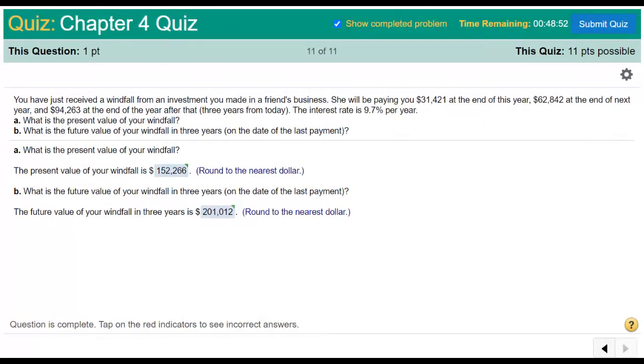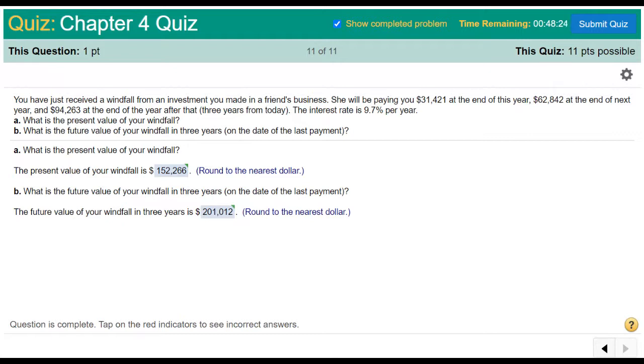So you have just received a windfall from an investment you made in a friend's business. She will be paying you $31,421 at the end of this year, $62,842 at the end of next year, and $94,263 at the end of the year after that, which is 3 years from today.